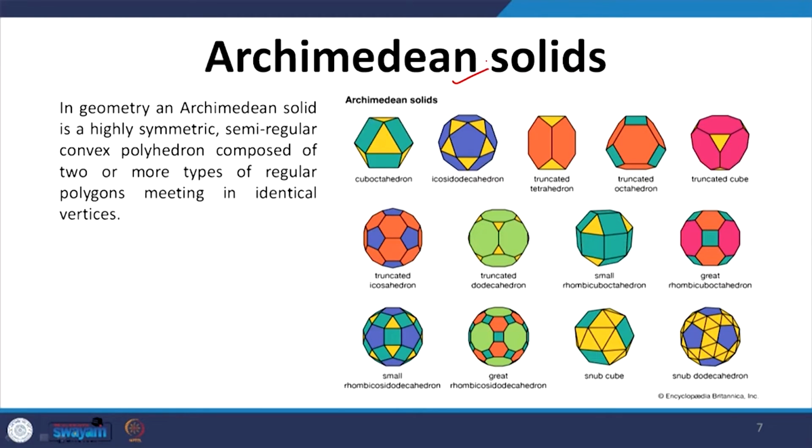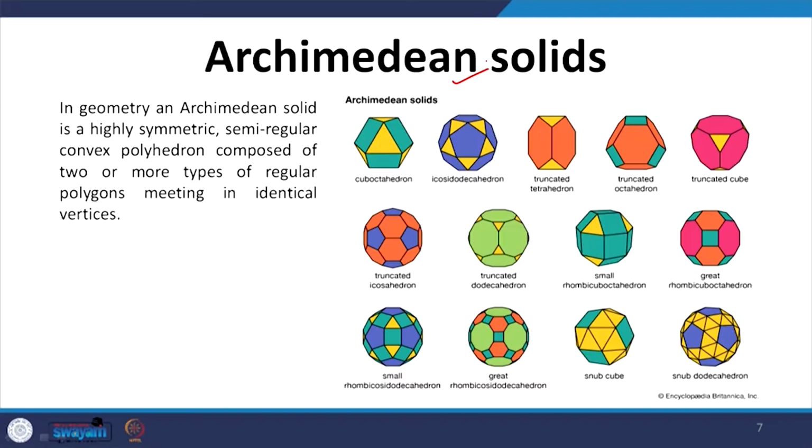What happens in Archimedean solids is that it is formed by a combination of 2 or more regular solids, and the condition remains that at each point the number of faces joining again remains the same for all different types of regular polygons that are coming together.